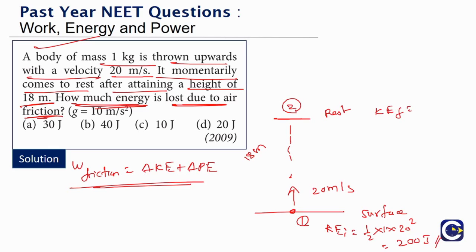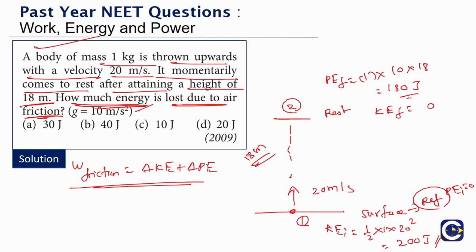It is coming to momentary rest, so 0. The surface is taken as the reference for the potential energy, so it is taken as 0. When it is at a height of 18 meters, what is the potential energy? m into g, we take g as 10, as they have given us, into h. h is 18. 18 tens are 180.